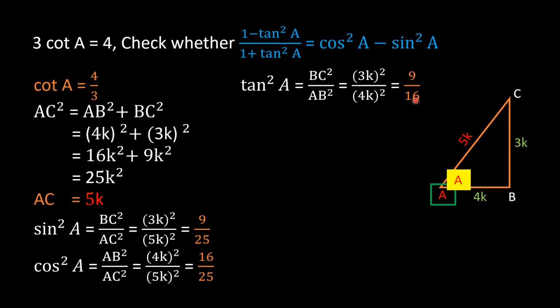Now we will substitute these values in this expression and verify whether the left hand side equals right hand side. Now the left hand side is 1 minus tan square A divided by 1 plus tan square A. We have tan square A equals 9 divided by 16.